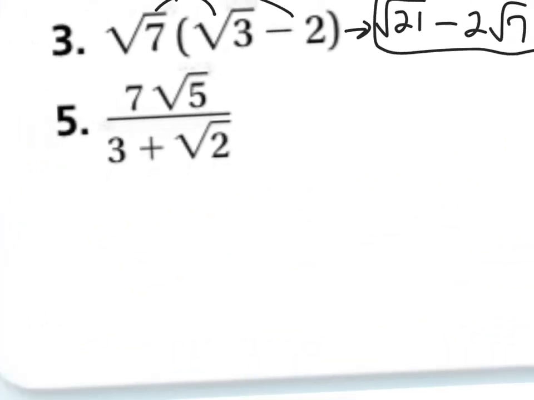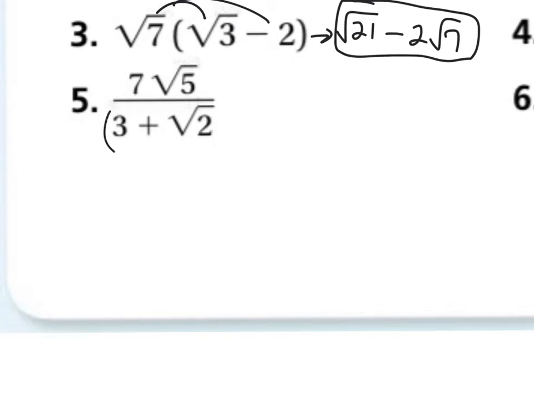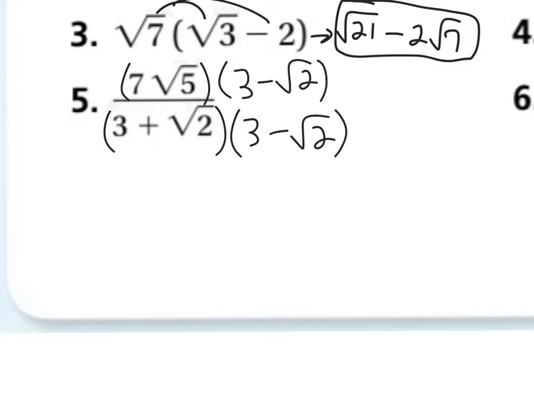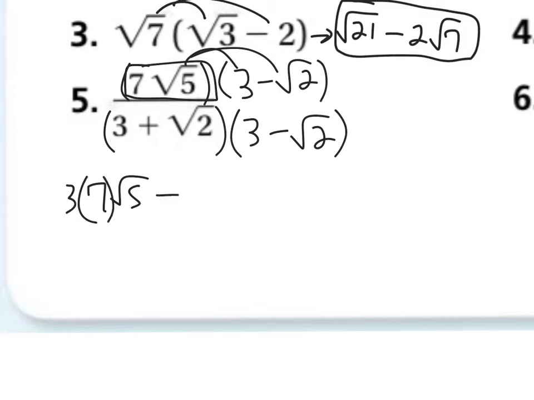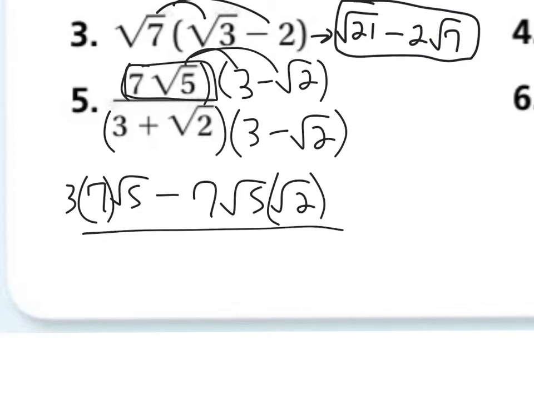Number 5, we've got a square root in the denominator. So we need to multiply by the conjugate of that. Notice in the numerator that is a monomial. There's no addition or subtraction in between this. So it's literally just distributing that. When you do that, the 3, if you want to put that in front, you can, since it doesn't have a radical on it. And in the denominator, if we distribute, 3 times 3 is 9. Middle terms are going to cancel.